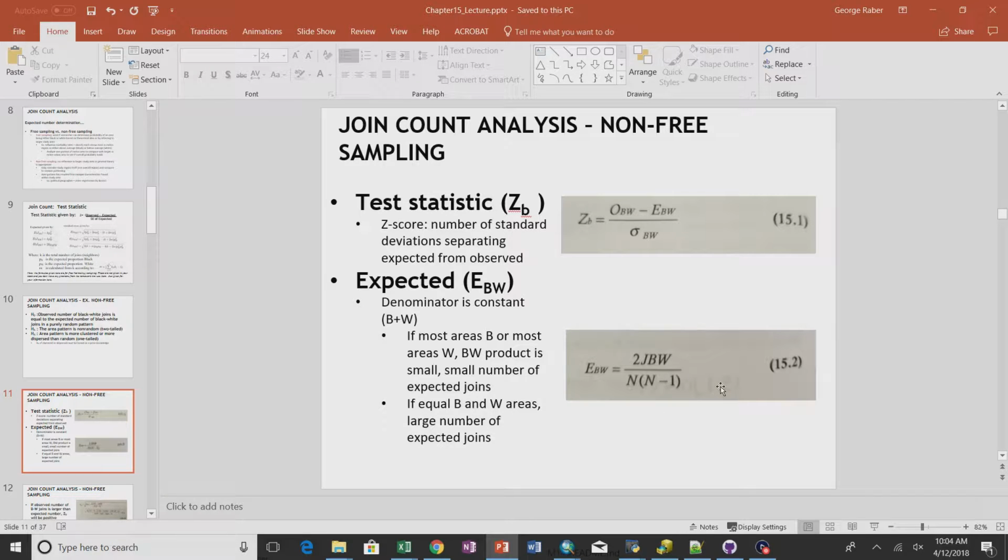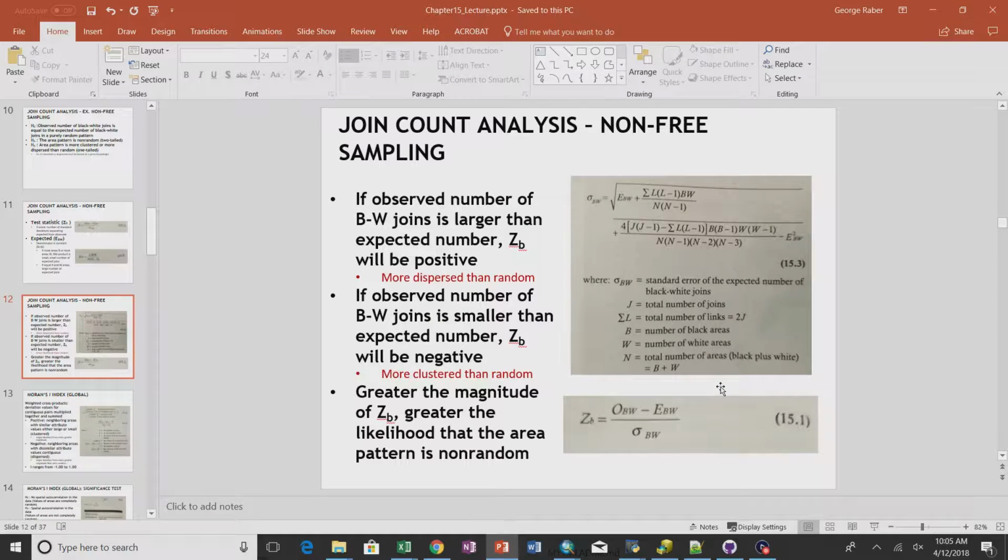Okay, I didn't put all the text there, but it's in your book. But basically, this is 2 times the number of joins, the number of black joins, the number of white joins. You multiply all those numbers together, and you divide that by the total number times the total number minus 1. All right, and we can actually practice doing this.